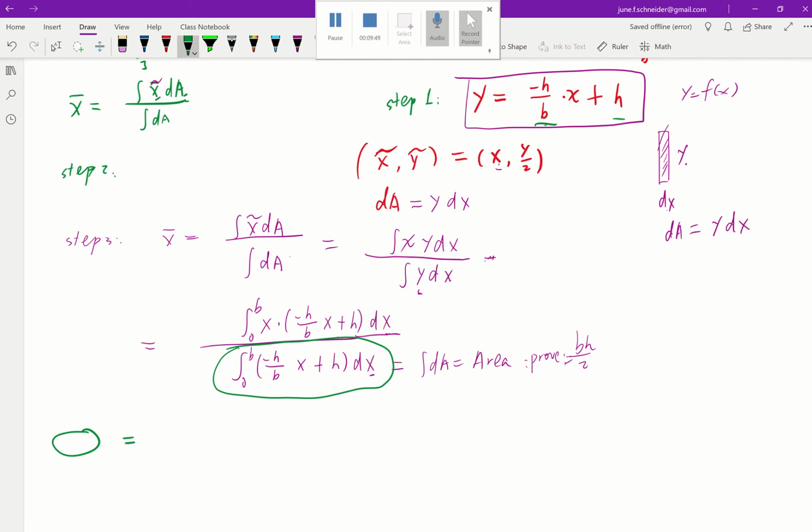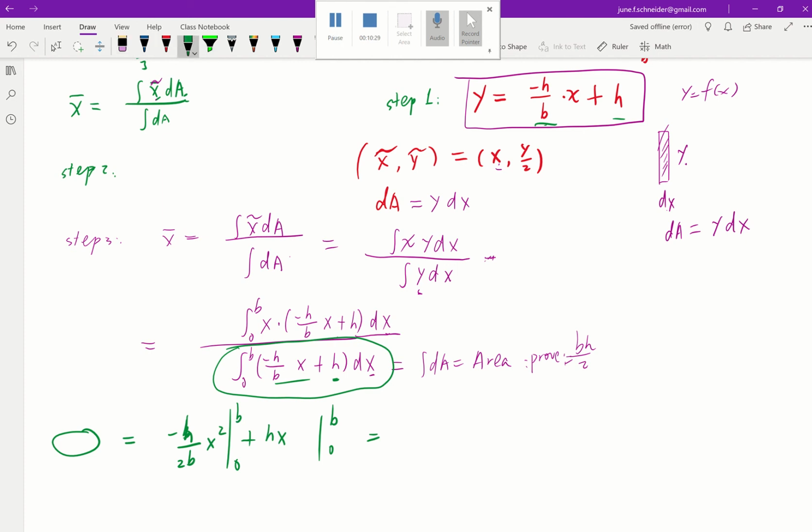So that's going to be equal to the first term, integration, is going to be negative h over b, that's constant, x squared, then divided by 2. The second term, h, will be just hx. Then all those together have a range from 0 to b. Then we can put that in there, or you can just say this is 0 to b, and this is 0 to b as well.